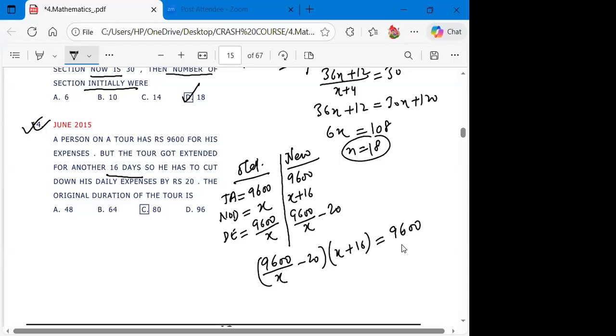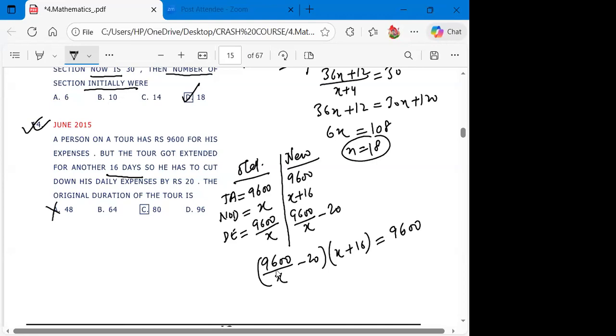Let's try the first option, 48. Sir, 9,600 divided by 48 is how much? 200. Minus 20 is how much? 180. 48 plus 16 is how much? 64. 180 into 64, I don't think this much will come. So, sir, cancelled.